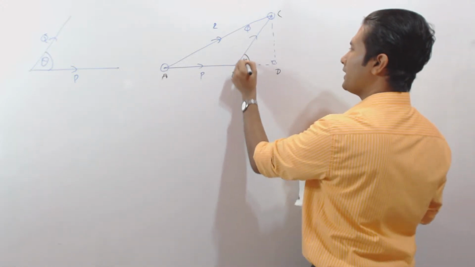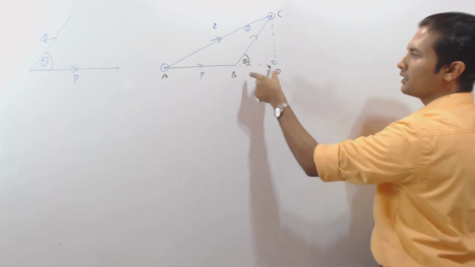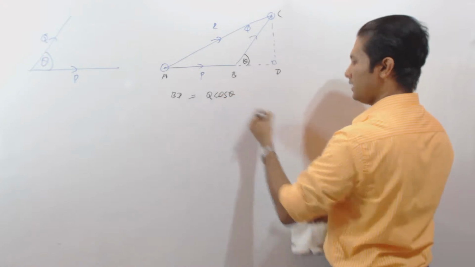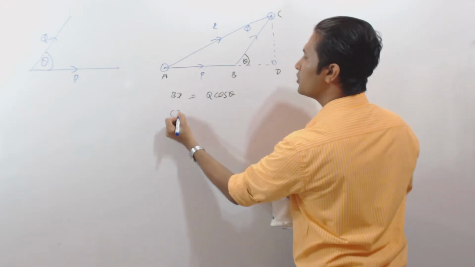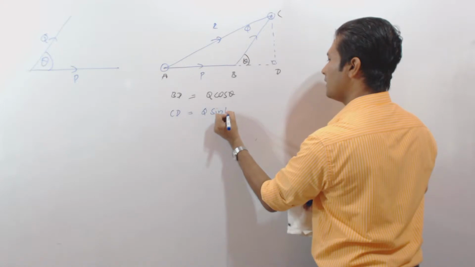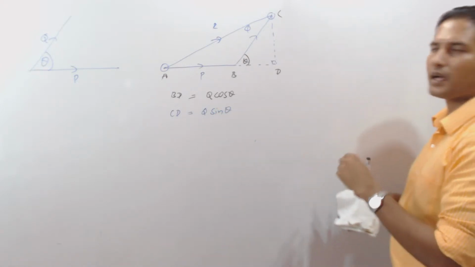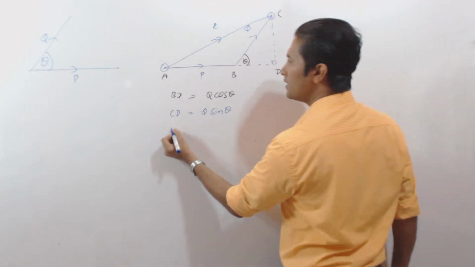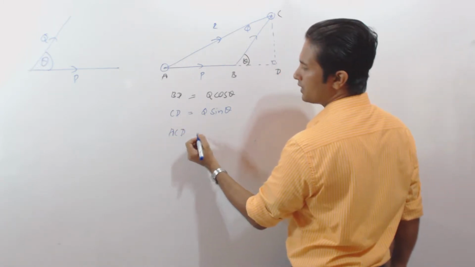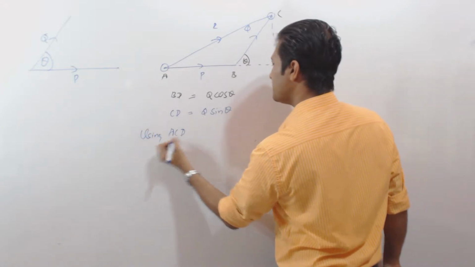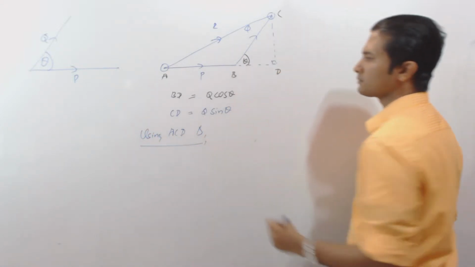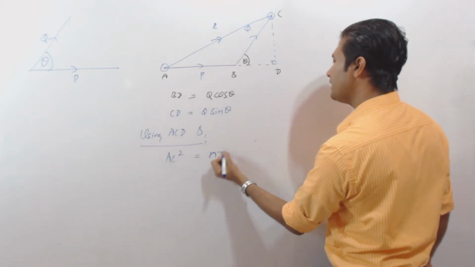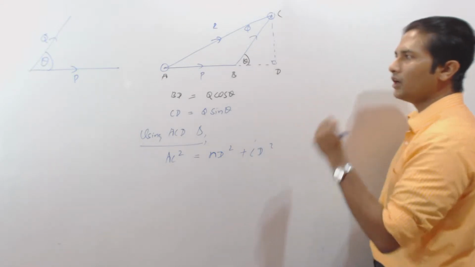We know that this angle should be theta, and BD should be Q cos theta and CD should be Q sin theta. Then we can apply Pythagoras theorem considering the ACD triangle. AC square equals AD square plus CD square.